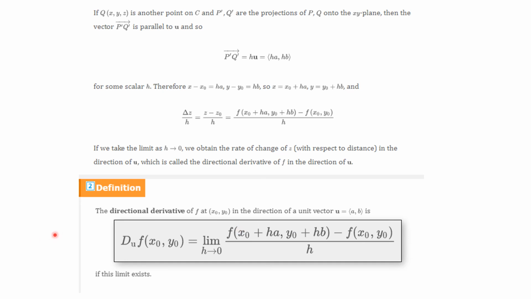So how do we find then the directional derivative? And there's the definition. The directional derivative of f, a function, at (x0, y0) in the direction of a unit vector u equal to pointing bracket a, b, is given by this. And this is the notation.